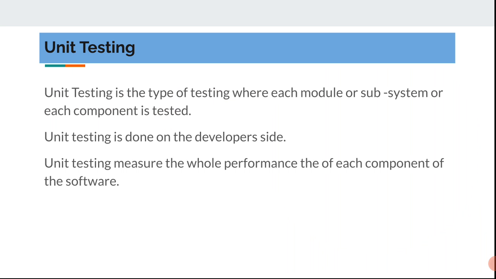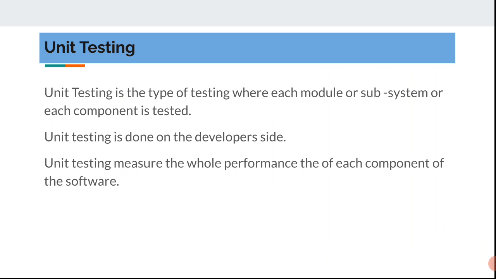When the developer tests the single unit of the software, then their testing is called unit testing. Unit testing means a single component of software is tested by the developer.